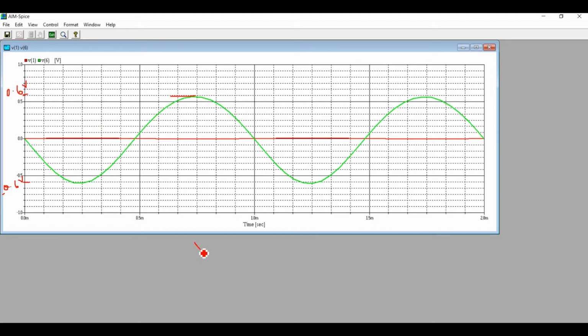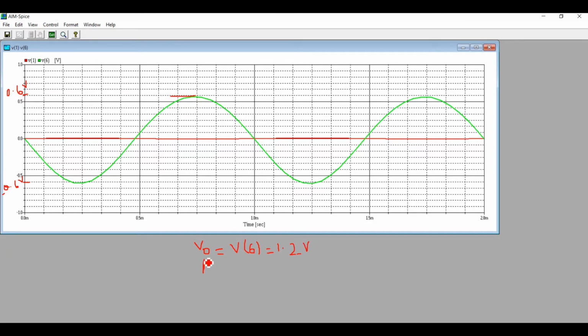Therefore, VO is equal to V6, because it is at the sixth node, V6, which is equal to 1.2 volts.